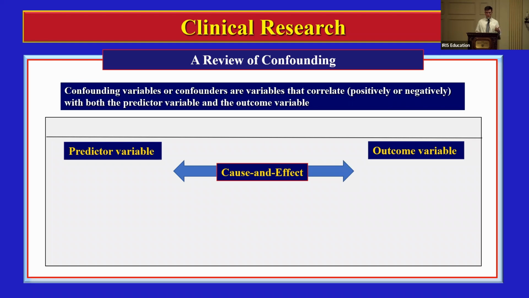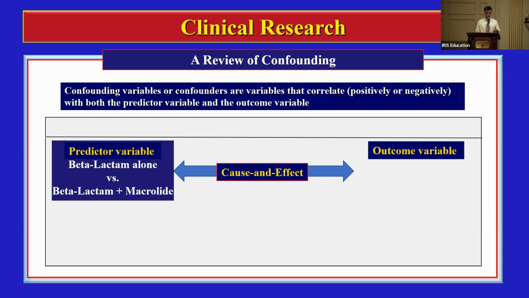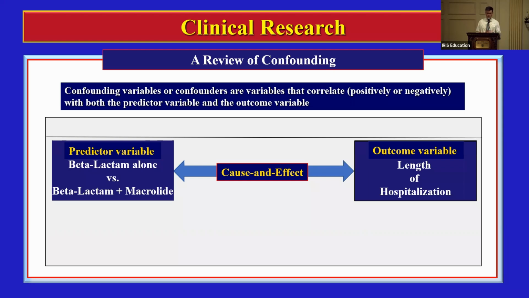And this investigator wants to see if adding a macrolide to that regimen will improve the recovery rate and improve how long these patients are hospitalized. So that's going to be our predictive variable. We're going to be comparing patients who receive the beta-lactam alone to the patients who receive the beta-lactam and macrolide. And our outcome is going to be how long these patients are hospitalized.